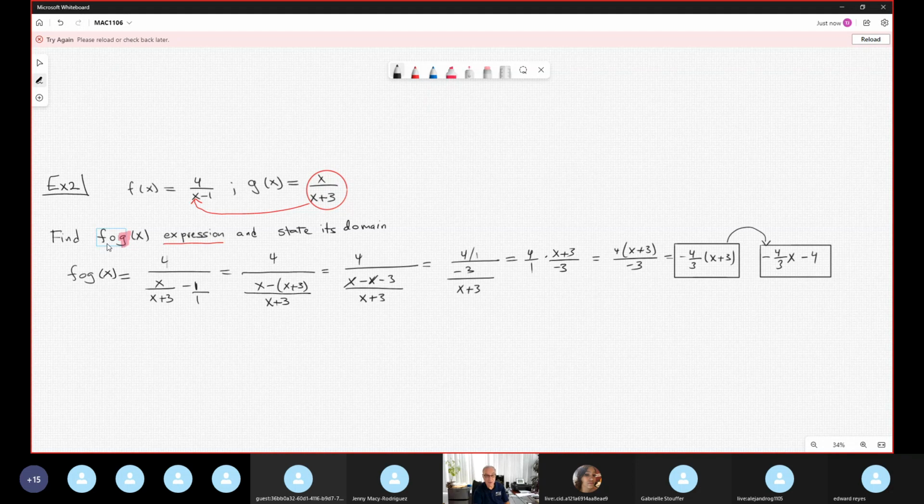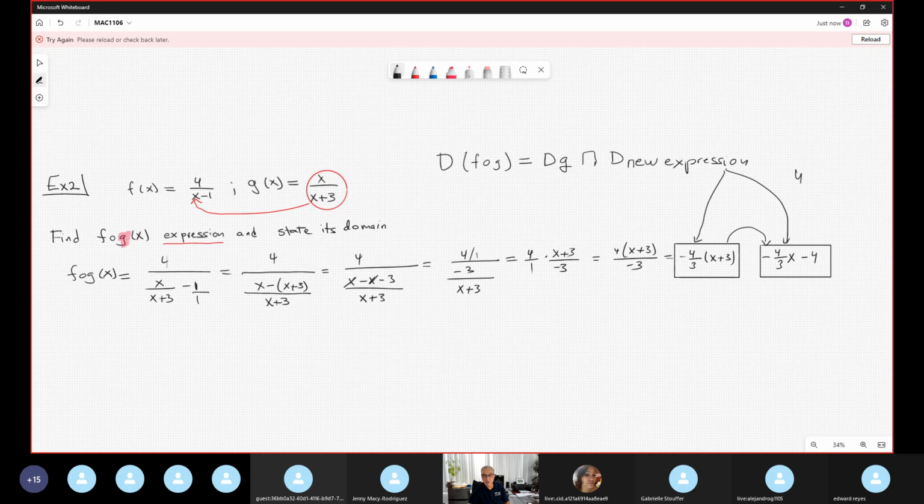And what about the domain? Well, the formula for the domain is: the domain of the composition, the domain of f composition g, is equal to the domain of g, because g is the most important, intersected with the domain of the new expression. But the new expression is this, or this. I can see it's a linear function.